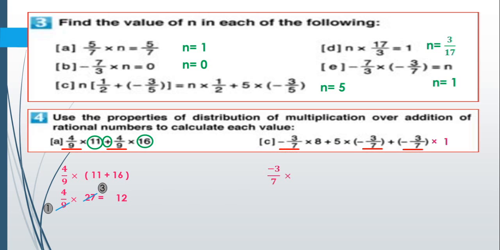And we will write between brackets 8 plus 5 plus 1. 8 plus 5 plus 1 equals 14. Simplify 14 with 7. It will be 2 times negative 3 equals negative 6.